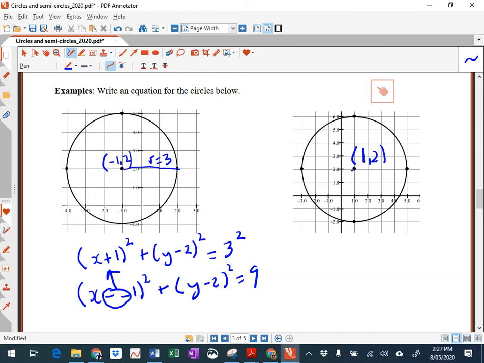The radius is 1, 2, 3, 4 units. So we're going to have x minus 1 all squared plus y minus 2 all squared equals 4 squared, or we could just write it like this.